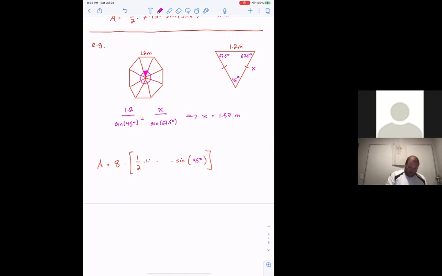And that's going to be my 1.57 and 1.57 because I'm going to use it for those 2 sides. So I'm going to square the whole decimal, multiply it by sine of 45 degrees. 8 and 1/2 is 4, so times 4. And this gives me an area to 3 sig figs of 6.95 square meters.